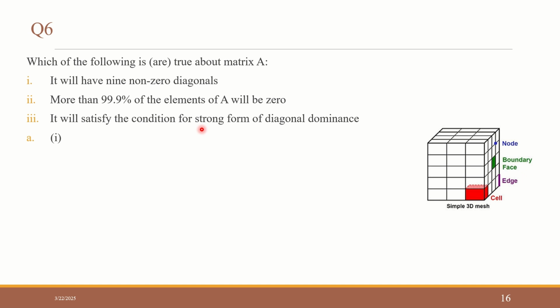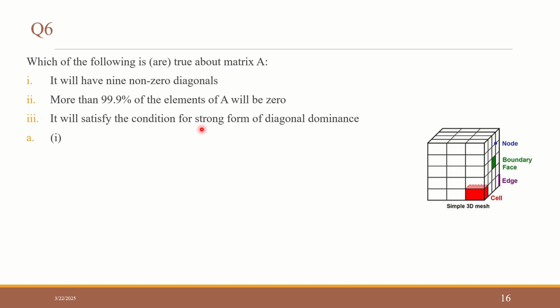Third statement: it will satisfy the condition for strong form of diagonal dominance. This is false, because it won't always satisfy the strong form of diagonal dominance. Along the boundaries and corner nodes, the equations take a different form, so they will not satisfy strong diagonal dominance or have non-zero diagonal elements.